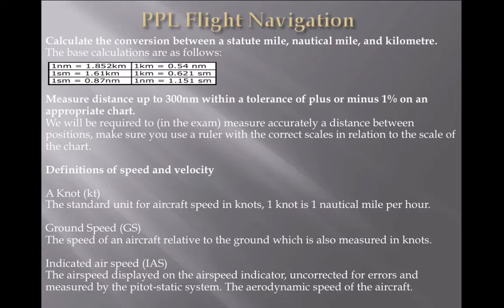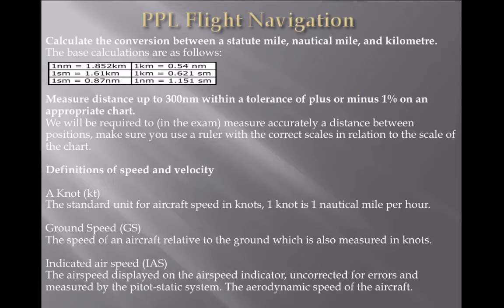calculations on the E6B. So in order for us to measure distances up to 300 nautical miles with a tolerance of plus or minus 1% on the appropriate chart, we will be required to measure accurately a distance between positions so that we can create part of that information into our flight plans. Make sure you use a ruler with the correct scales in relation to the scale on the chart.